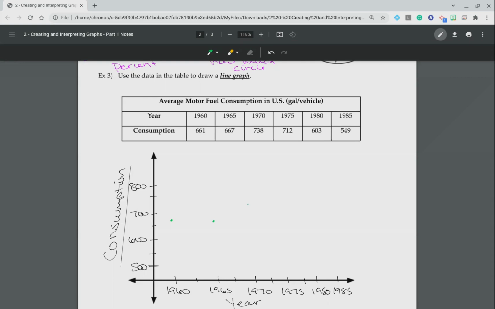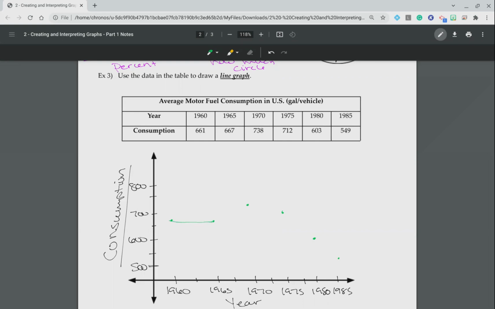So just under 750. 1975, we had 712, so that's going to go down a little bit. 1980, we had 603, so kind of right at that 600. And then at 1985, we had 549, so right under 550.